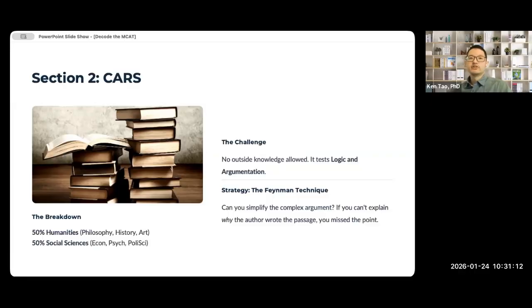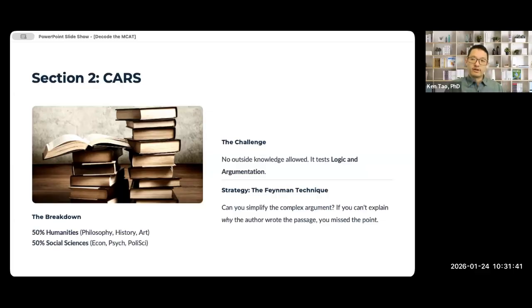If you're reading a passage about Picasso and art, the MCAT's not expecting you to have any knowledge or understanding of art or Picasso. Same thing if they're giving you a passage on the history of poetry, or if they're giving you a passage on Plato's philosophy, they're not expecting you to know any of that information.